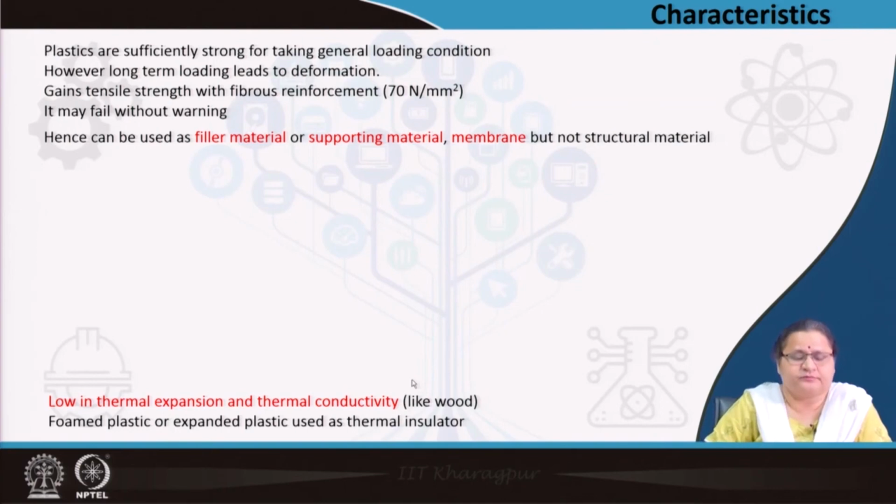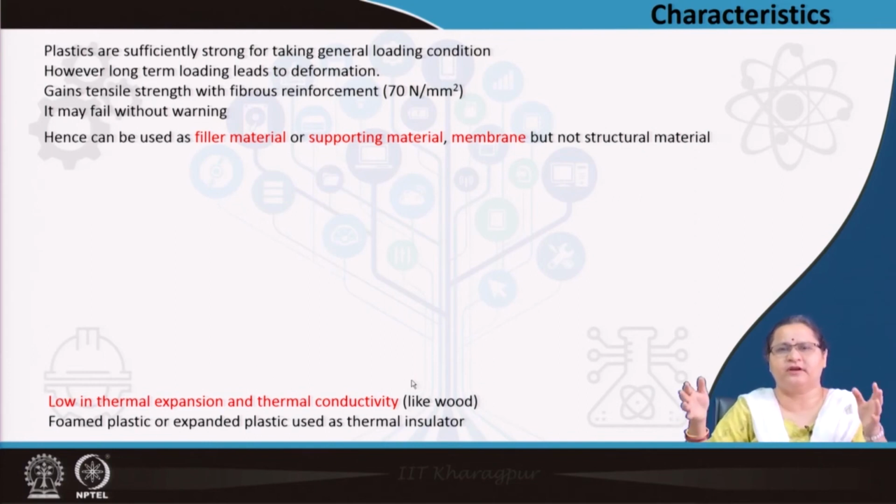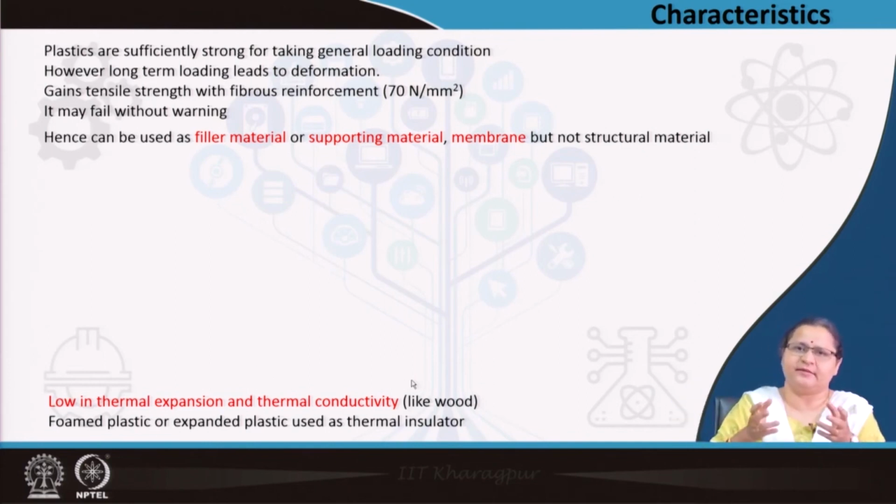Now coming to the characteristics, plastics are sufficiently strong for taking general loading condition, but long term loading leads to deformation. If you keep something for a long period of time over a plastic chair, the chair may get deformed.